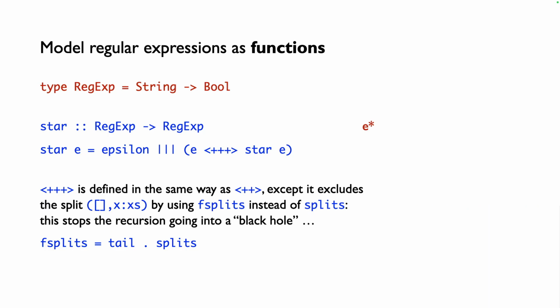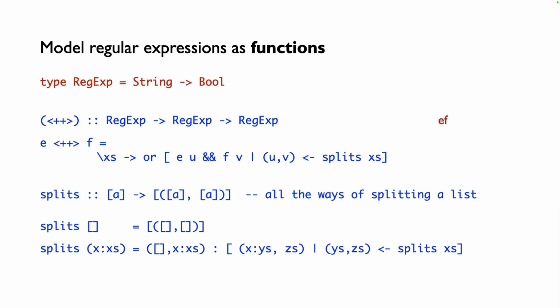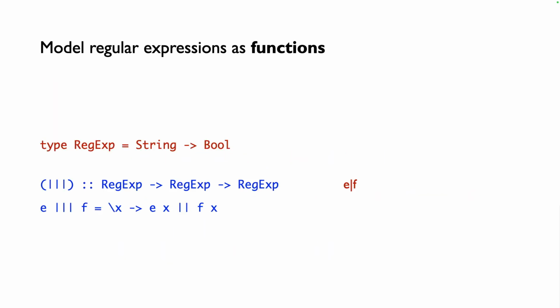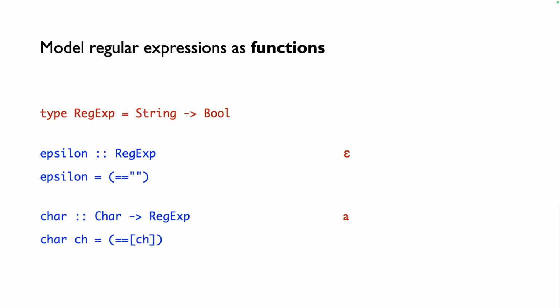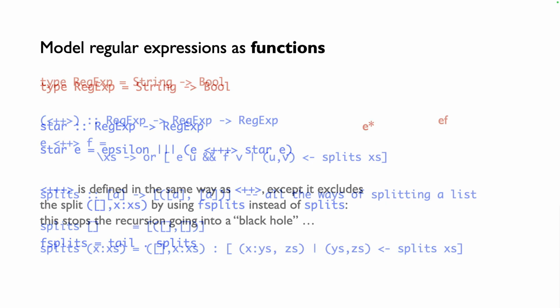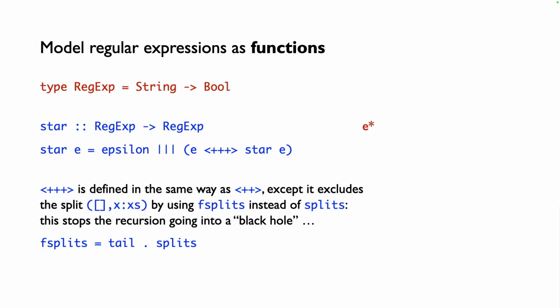So we've got regular expressions for concatenation of E and F. We've got regular expressions for alternatives between E and F. We've got regular expressions for epsilon and a single character. And we've got a regular expression for star.